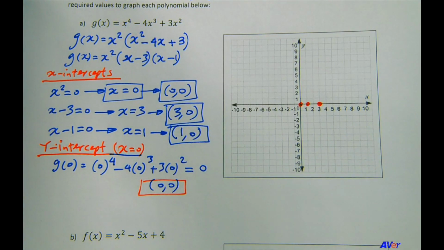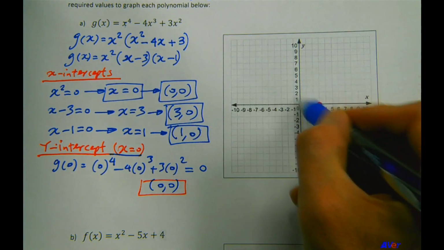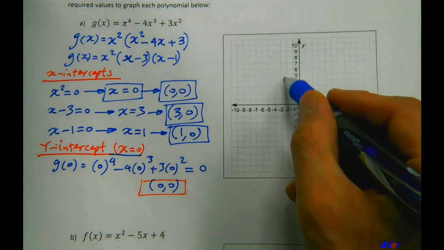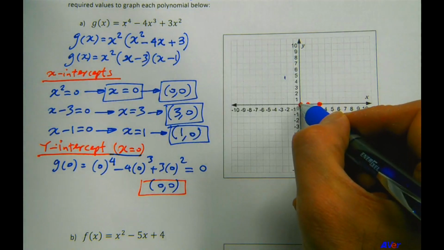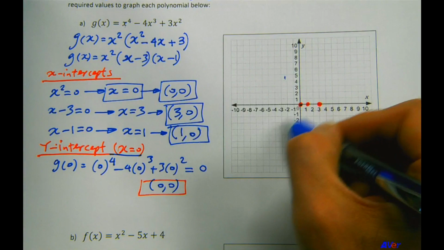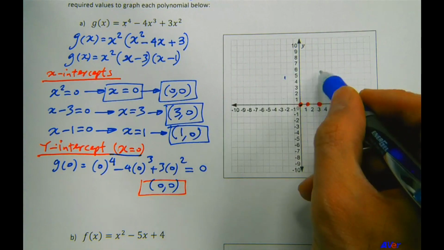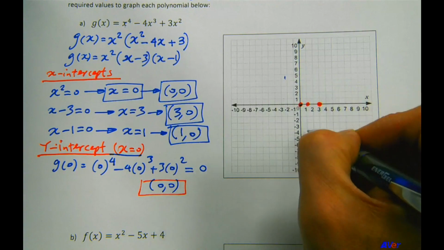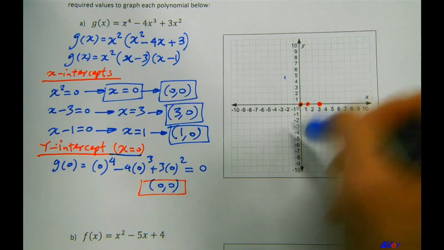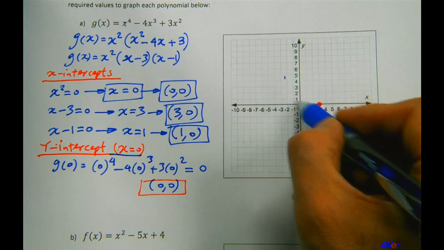But here's the question. Where is the graph of the polynomial approaching the origin from? Is it coming from above the x-axis, or is it coming from below the x-axis? Is it doing this, or doing that? Do you see what I mean? We don't know where the line of the graph is approaching from.